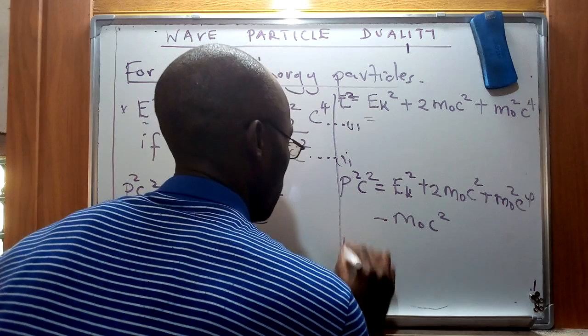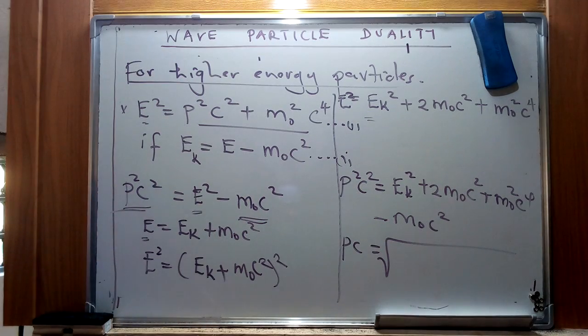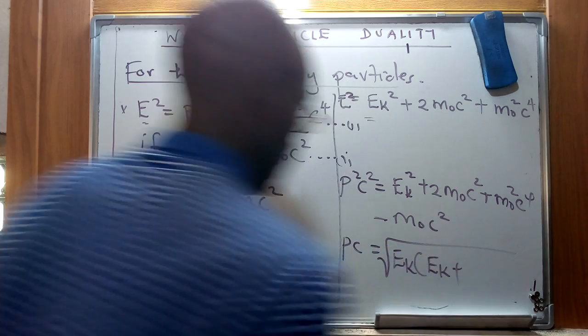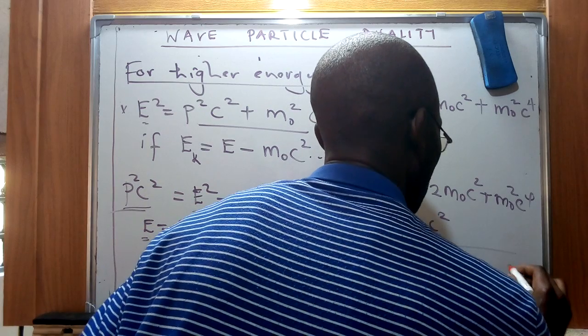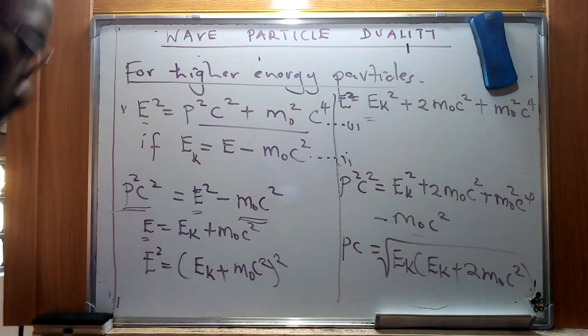So this is going to give us an overall equation for pc as the root, since these are squared, pc as the root of Ek into Ek plus 2 m0 c squared. Of course, this part of the equation is going to be substituted, because there's a difference.